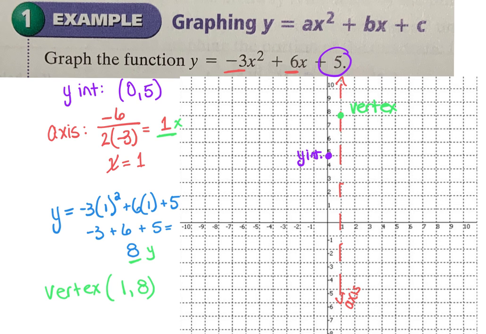Here's how I do that. Remember I said this is symmetric. So as long as you have the vertex and one other point, you can just reflect the point. If I look at this y-intercept right here, how far away is it from my line? Well, it's 1 point away from my line, right? And so I can just graph right across 1 point.